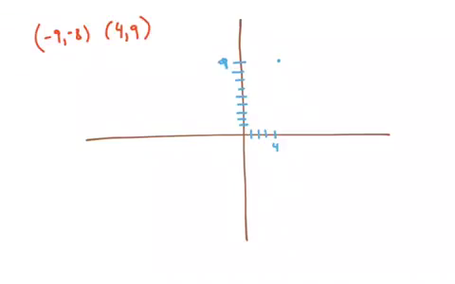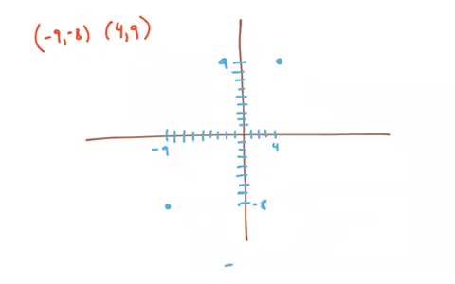All right, let's do the next one. Negative 9, 1, 2, 3, 4, 5, 6, 7, 8, 9. So it's negative 9, and then we go down 1, 2, 3, 4, 5, 6, 7, 8. And that's negative 8. So we have the 2 points right here.